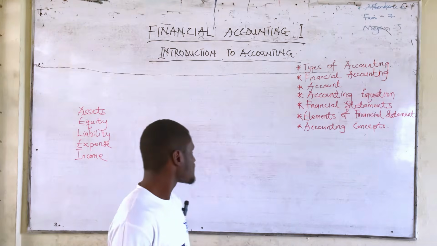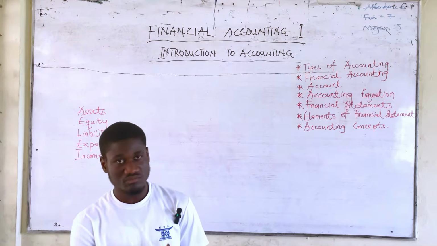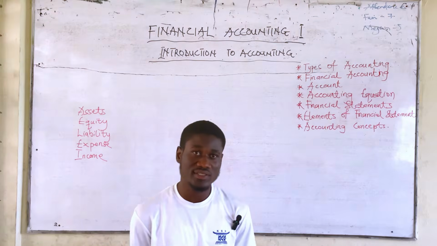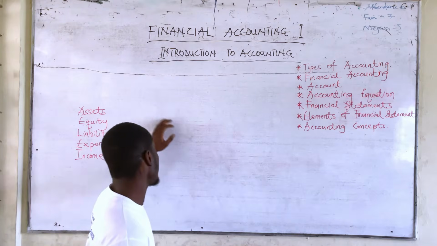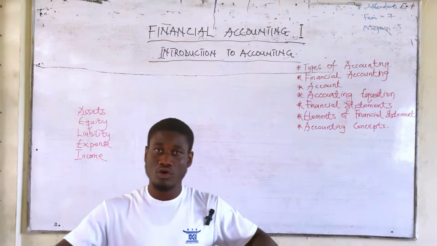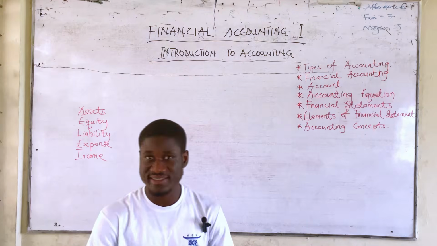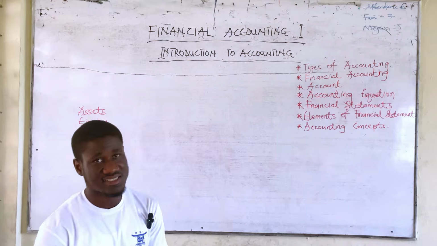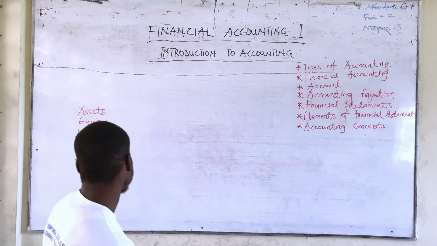Do you get it? Good. Then we have the current assets, whose examples are inventories, trade receivables, income owing, prepaid expenses, cash, banks, and the likes. Good. So you can see that these items or resources provide us with economic benefits within a year. And as I said, they can be converted into cash easily. Okay, good. So if I have inventory, I can just sell it for money, for cash. Do you get it? Those are the current assets.